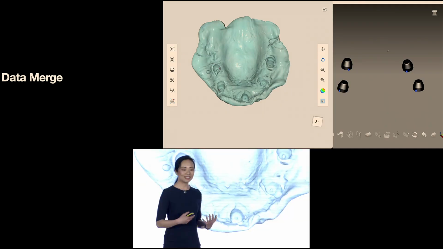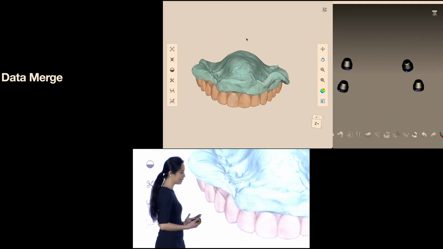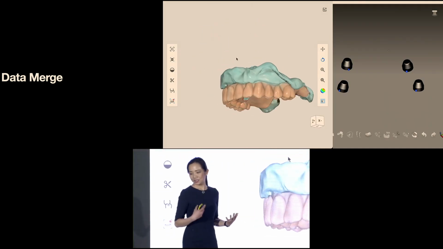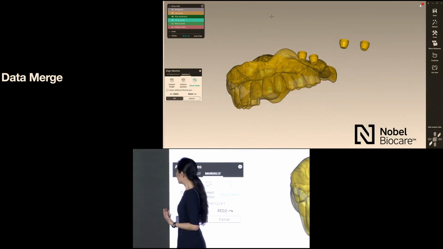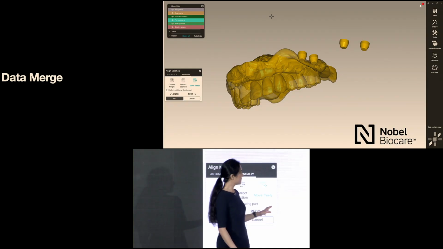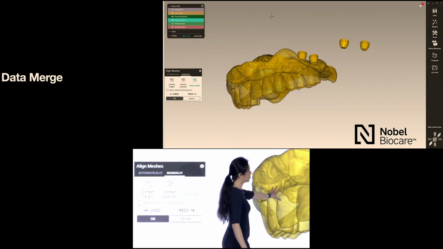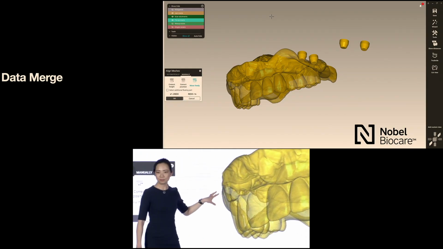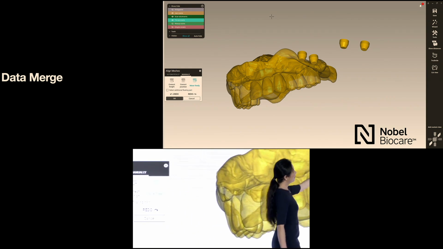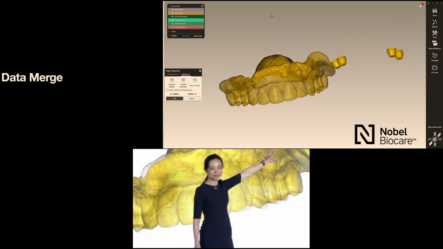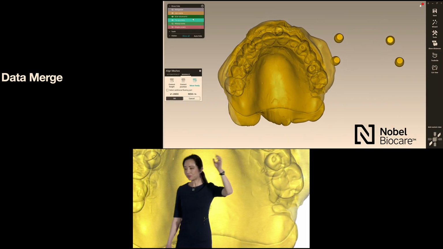And at this point, you can finally combine both of these data sets to create something like this. So what happens at this point is that we have a denture that's related to the original wax-up or digital design of the teeth, and we have these 4 implants that are basically floating in space.